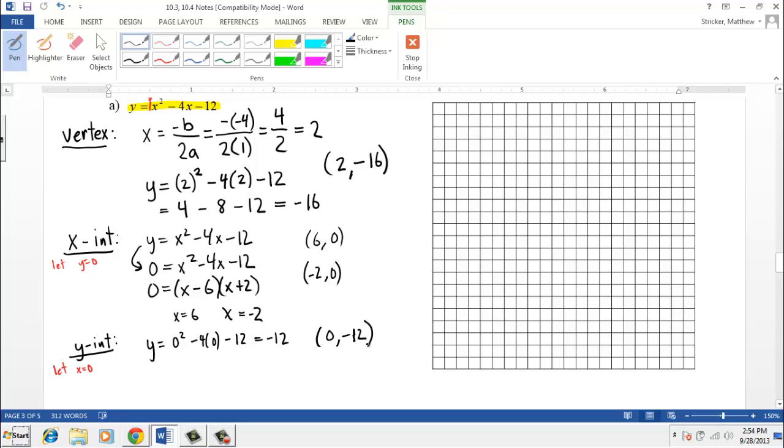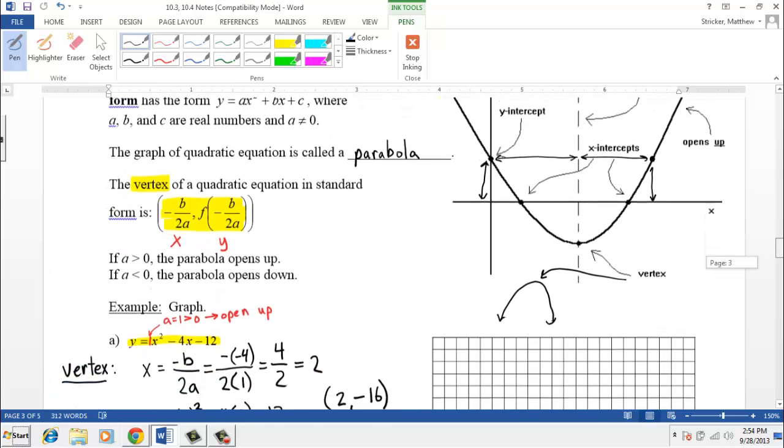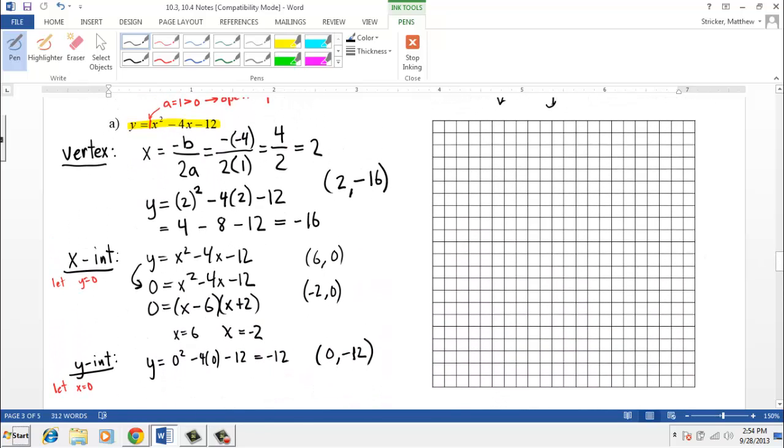And you should always notice that when we're in this standard form, the y-intercept is always going to be the c value, because the ax squared and the bx terms will go to 0, and so we'll just be left with whatever c is. And so this is enough information really to go ahead and graph our quadratic equation.